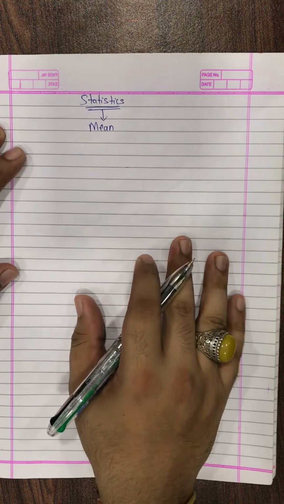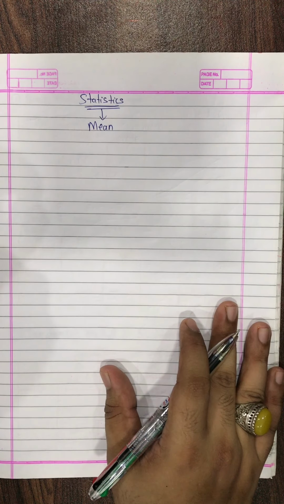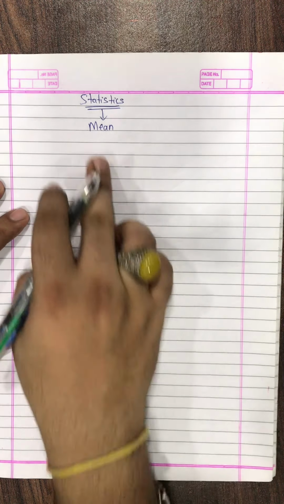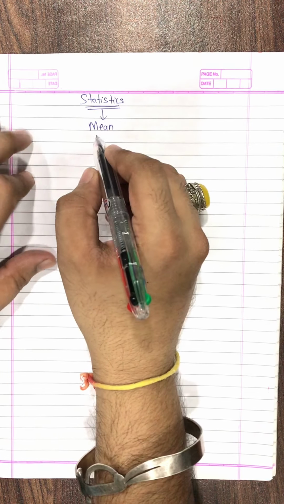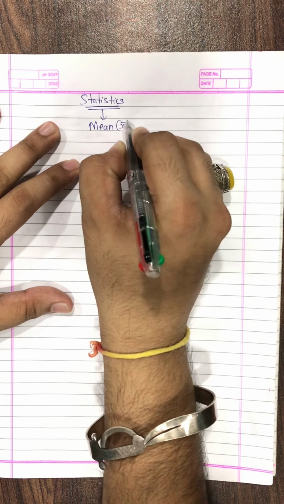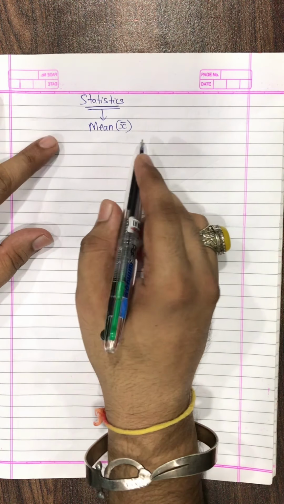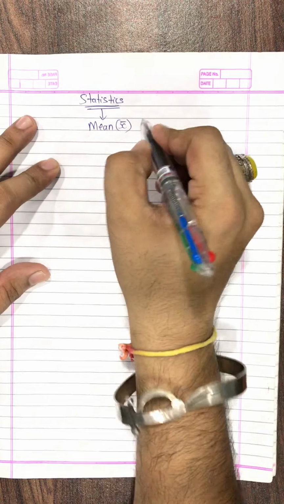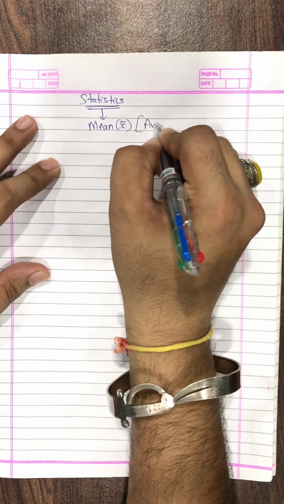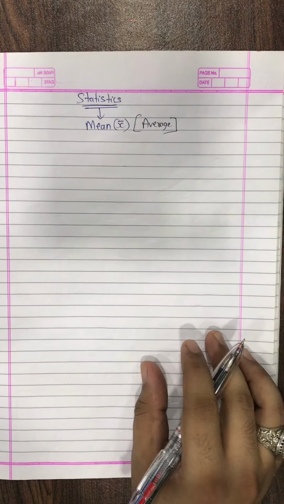I'll be going very slowly students, and I'll explain each and every small point. Mean is always denoted by x bar in this chapter. The synonym for mean is average.